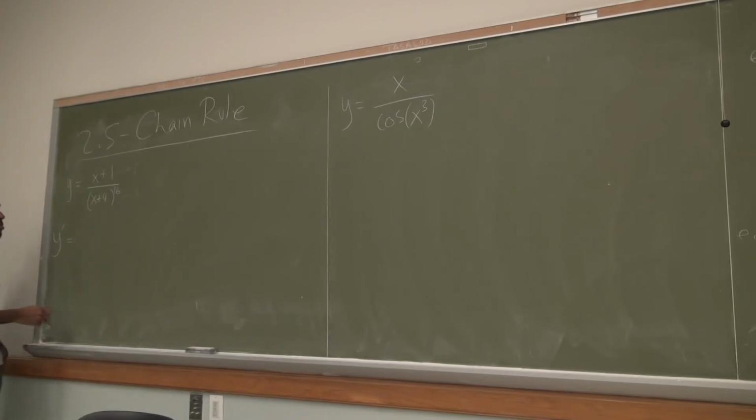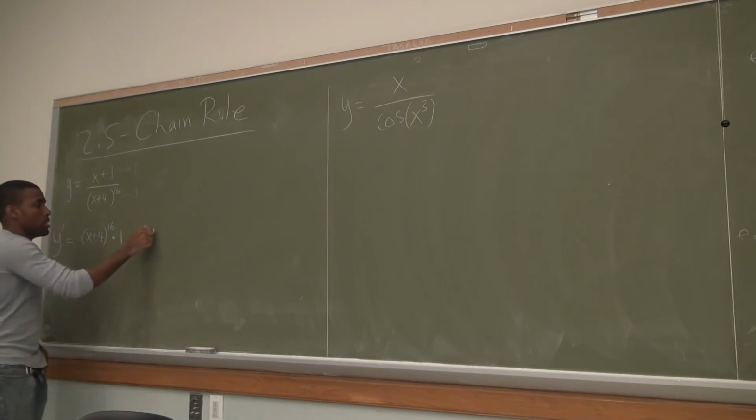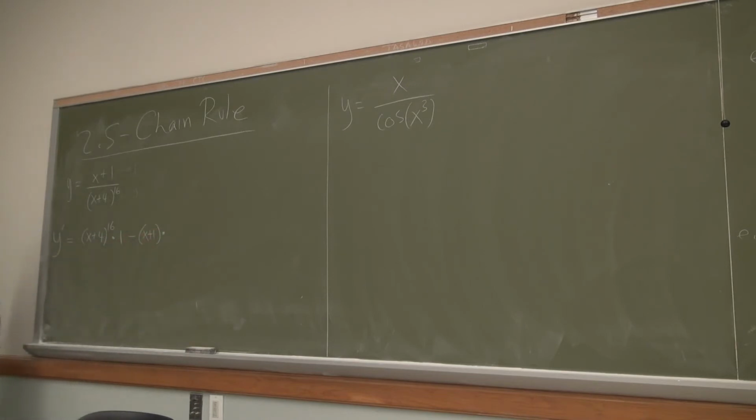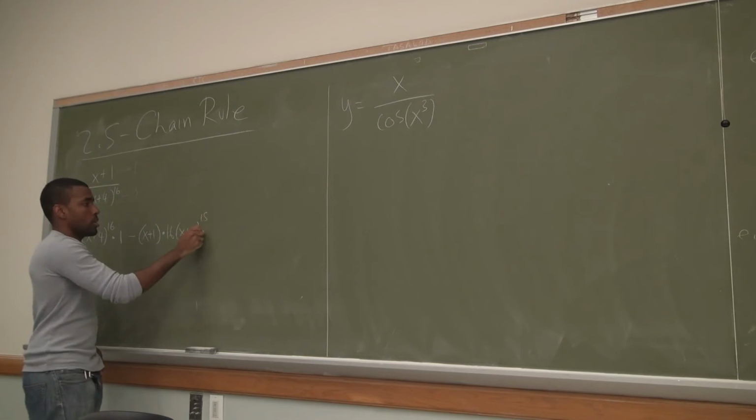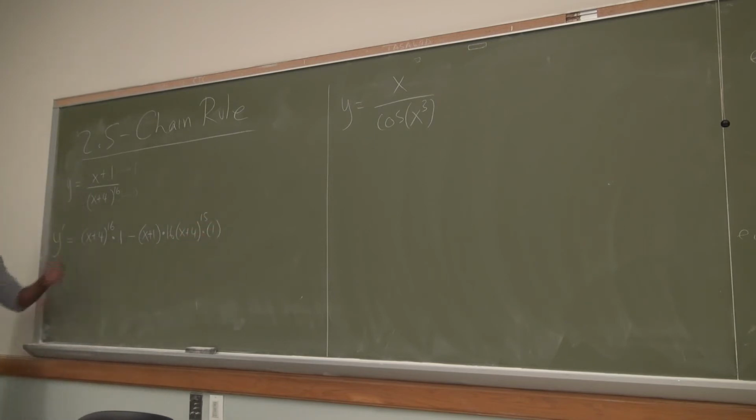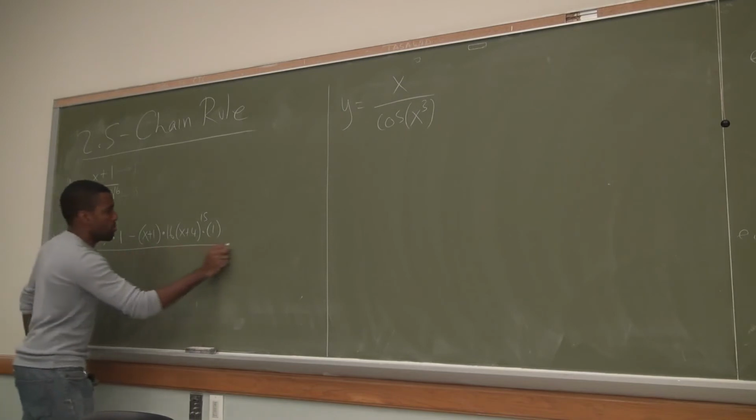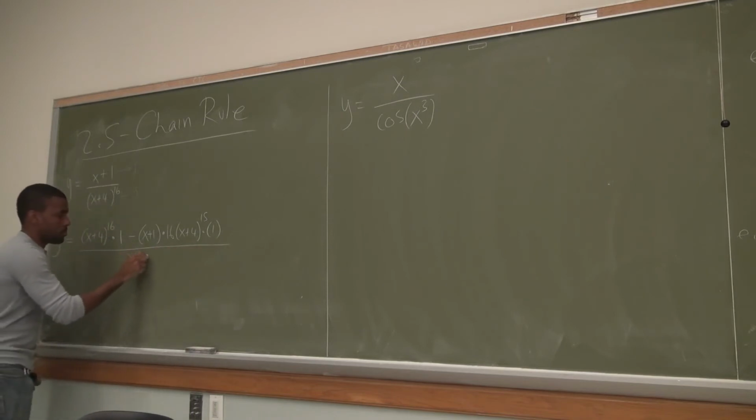It's going to be the bottom, x plus 4, times the derivative of the top, which is just 1, minus the top times the derivative of the bottom: 16 times (x plus 4) to the power of 15, times 1. The trick here is for the bottom you needed to use the chain rule, but here the derivative of the inside is just 1, so it won't look much different from the power rule.